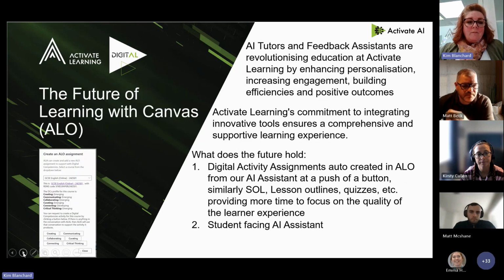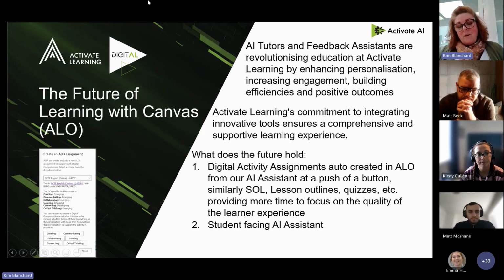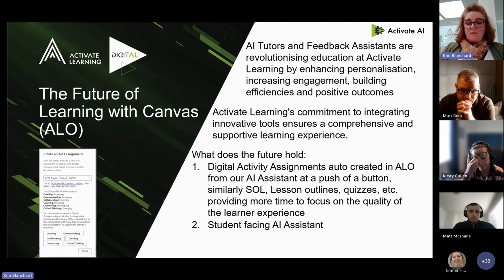Okay, what's the future? Well, our future is looking like a big roadmap at the moment. Lots of ideation and suggestions coming from within the organisation, the tutor support that we've been getting through our pilots. We are committed to integrate innovative tools, and having a platform that enables us to do that is hugely important.